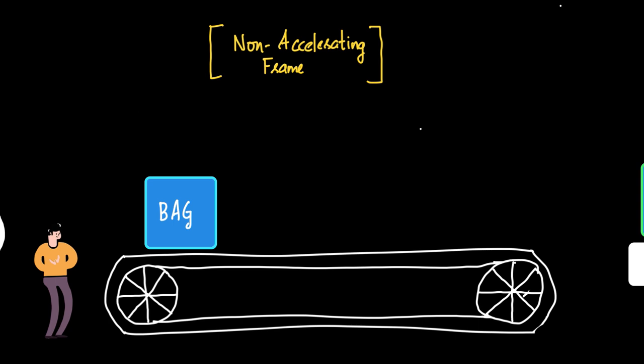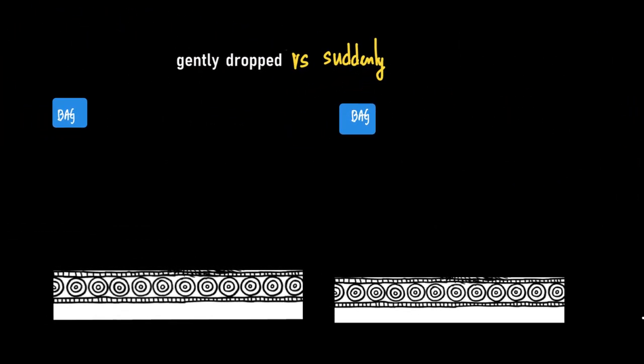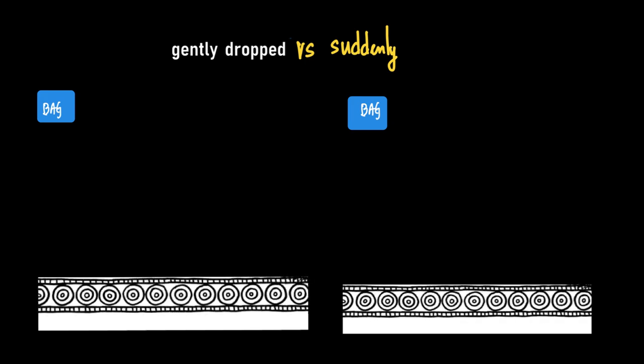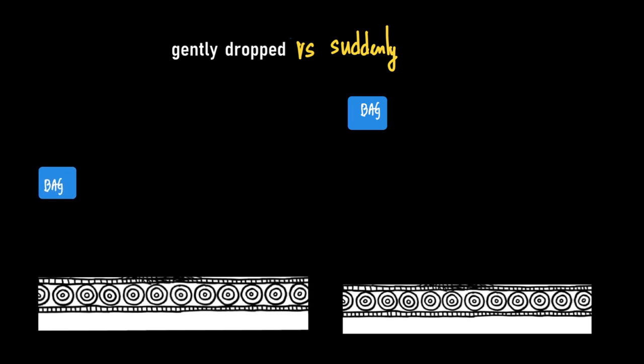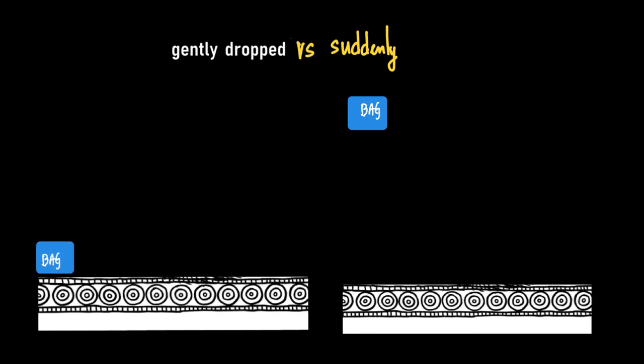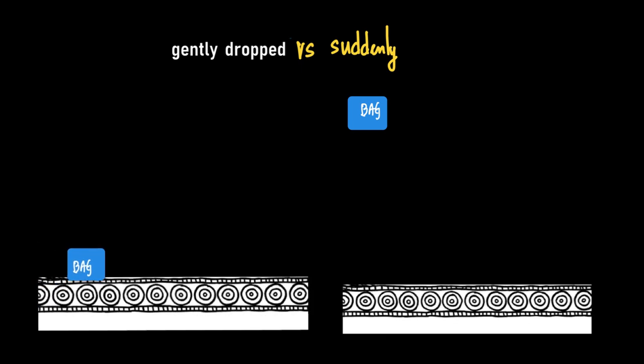What would that mean? How would the question vary if it had said suddenly dropped? To explain that, let me take you through one small explanation here. If the bag is gently dropped, it is lowered slowly and kept on the belt, and slowly it will start moving along with the belt.